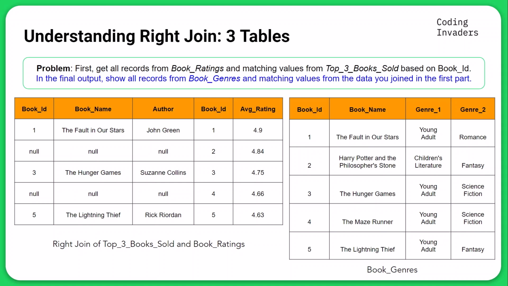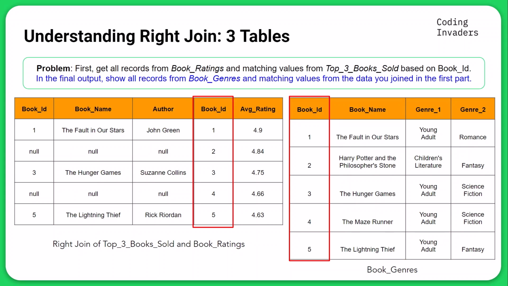This means we perform another right join between a new left and the right table as shown on the screen. So now this output which we got from the first part becomes our left table and this is our right table. Okay? As usual, this means we need to show all the right table observations in the output and match with the left table on the basis of book ID.